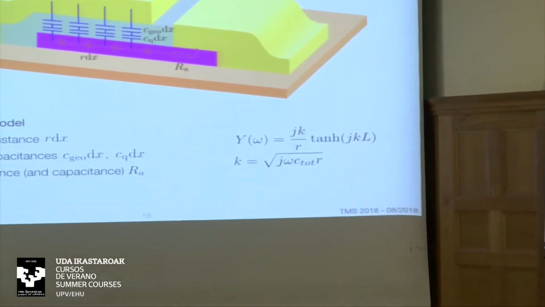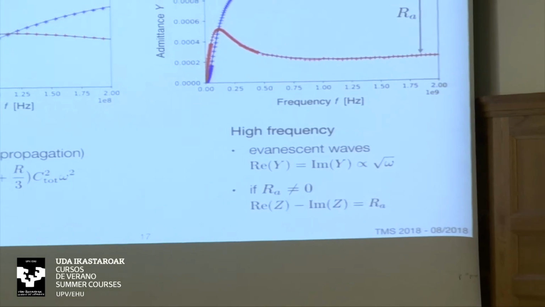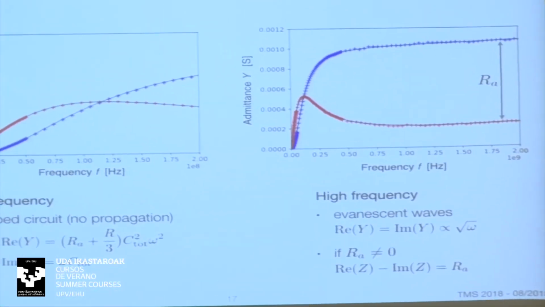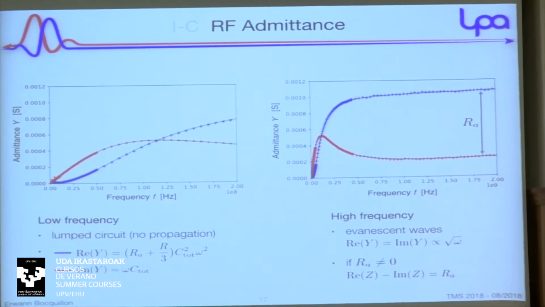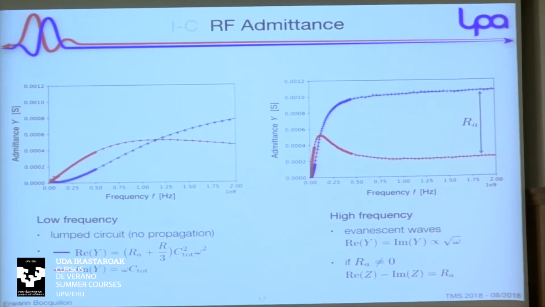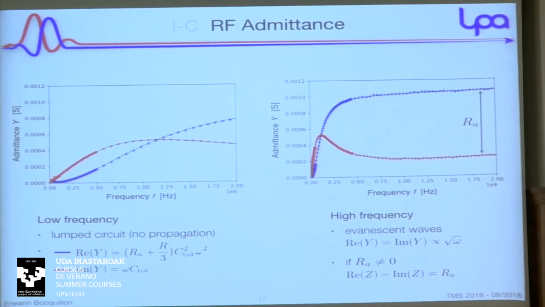This seems quite complex at the beginning, but you can actually see this in the following manner. If you look only at low frequency, what do you expect? You mostly expect the system to behave just like a plate-plate capacitor. And a plate-plate capacitor has an imaginary part which is omega times C. So this is what you see here. And the real part is basically 0.